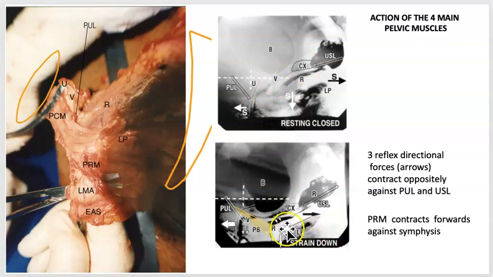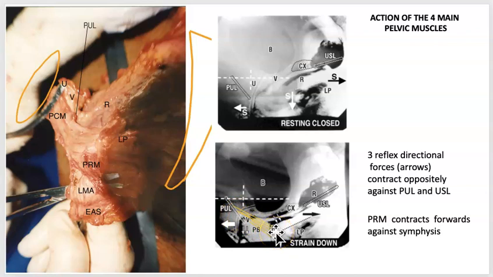And this allows the downward muscle, the longitudinal muscle of the anus, this one, to pull down on the levator plate, angulate it, and close off the urethra and the anorectal angle. Now, if you look here in the yellow, that is the puborectalis muscle.